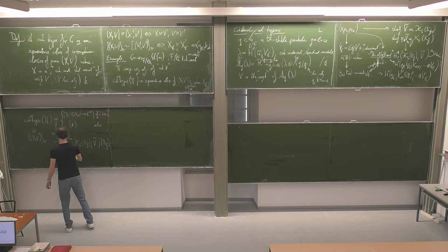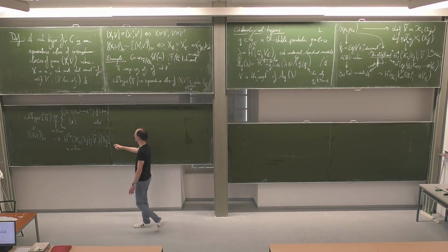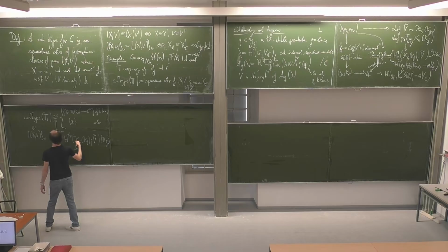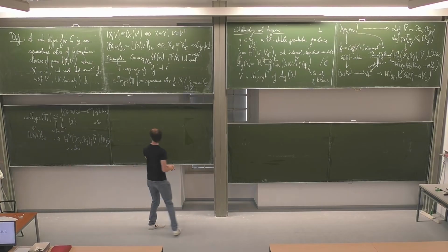So this is a line. Which means for each V that you take out of here, you get a unique line, and you basically get the same object as long as you're in the same isomorphism class.